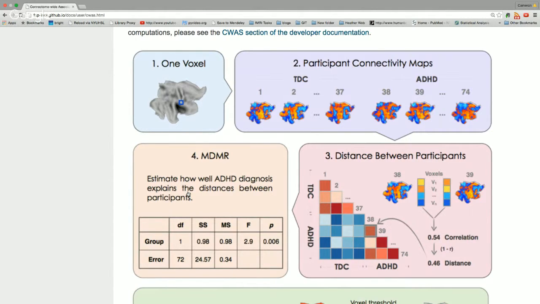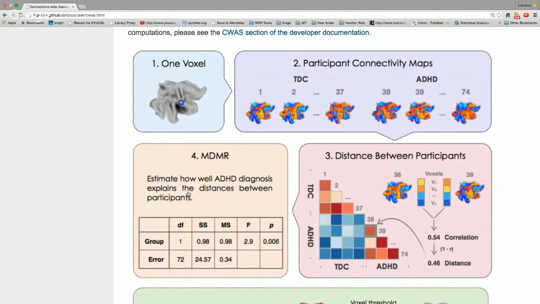So there might be some smart ways to get around that, and that is what CWAS tries to do. What if I take every voxel at a time, and at that voxel I run a test to see if the whole multivariate pattern of connectivity of that voxel is different between groups, right? Then I can map that out.